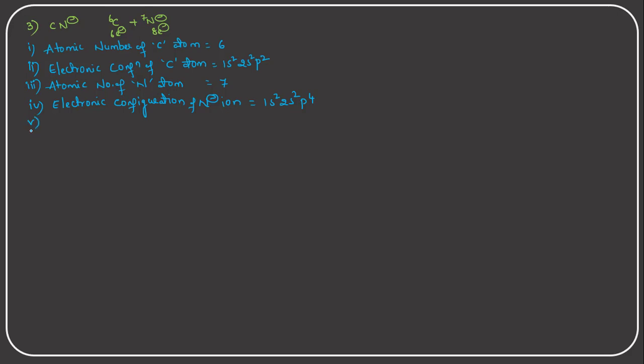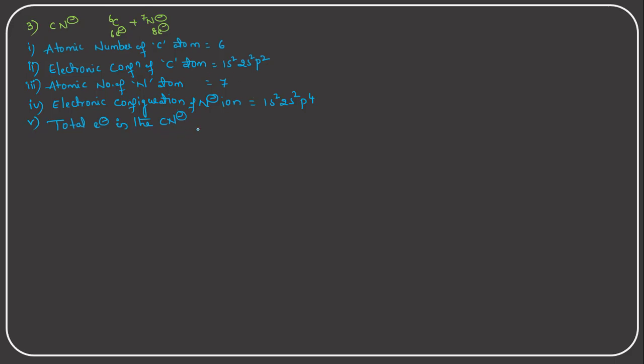And what will be the fifth point now? The total electrons present in the cyanide molecular ion. Here I am calling this molecule a molecular ion. Why? Because it is not a neutral molecule.